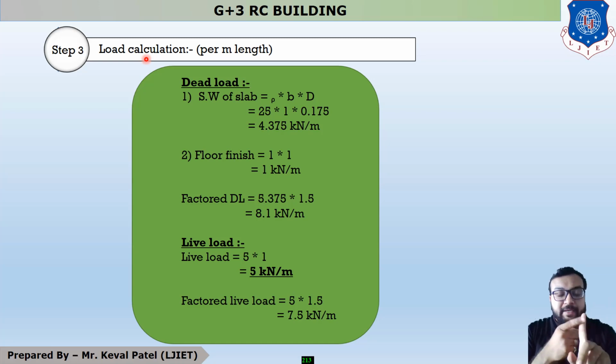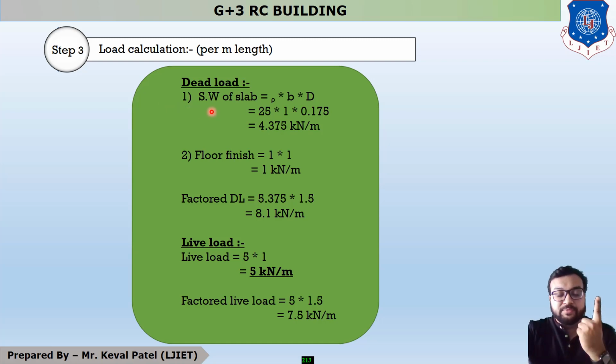First one is dead load and second one is live load. But in dead load, there are also two main loads: first is self weight of slab and second is floor finish. So our first load is dead load calculation, in which there are two loads.